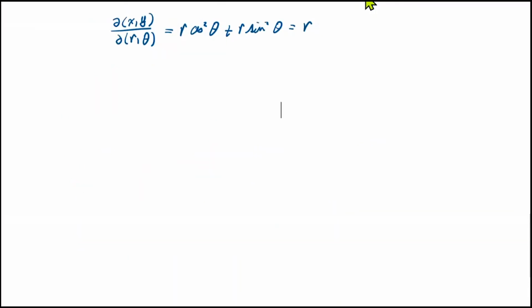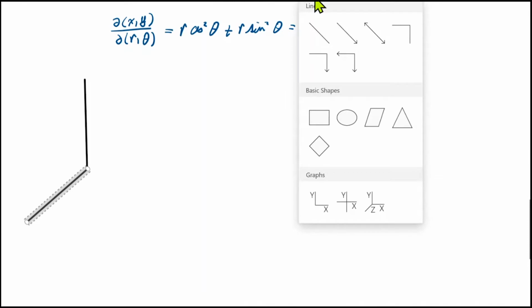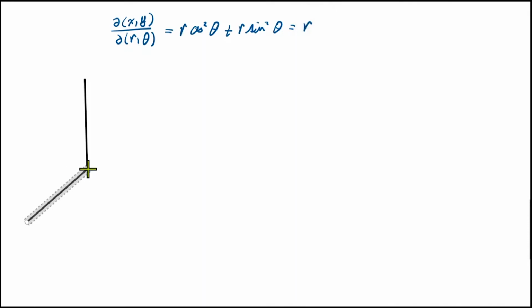Now we are going to do it in 3D. So suppose we have some kind of 3D coordinate system. I'm going to throw it, say, like that. And one more. Like that, right? So we have some kind of 3D coordinate system.